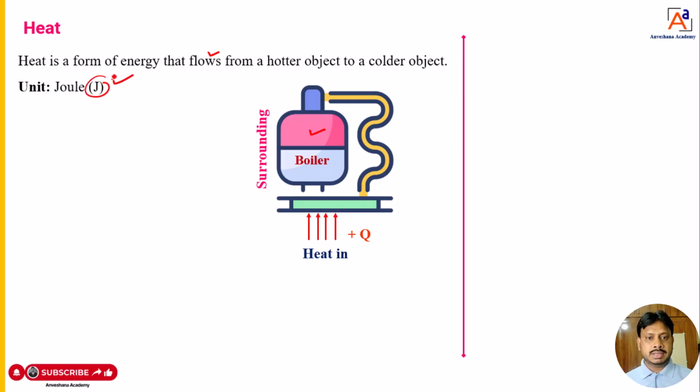Dear students, while explaining I told you heat supplied to the system is positive. How is it? You can take an application of a boiler. To get some work from the boiler, what are you going to do? You are going to supply a certain amount of heat. Due to application of this heat, the boiler will utilize that heat and convert that water into steam.